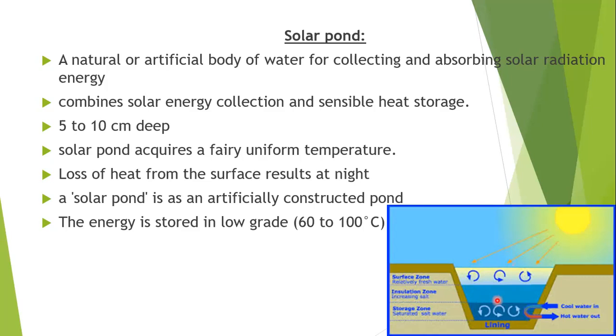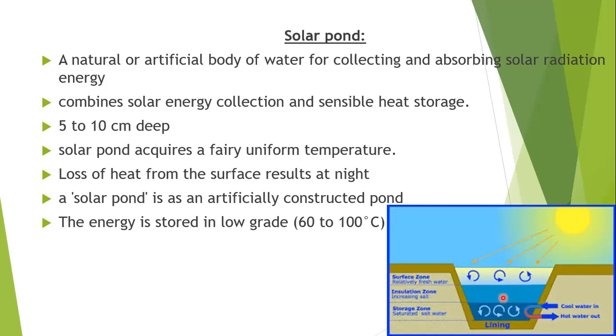So solar ponds have high promise over flat plate collectors. They can definitely overcome the disadvantages of the flat plate collector, and they can be used for energy storage by employing a mass of water for both collection and storage of solar energy. The solar energy stored in this is of low grade.